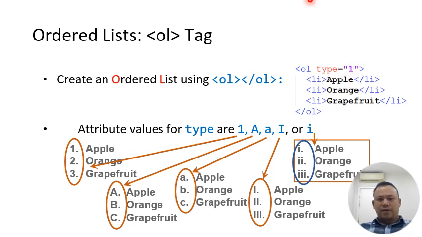And ordered lists are useful for presenting information in a structured and sequentially ordered manner, such as steps in a process, rankings, or any content that follows a specific order.